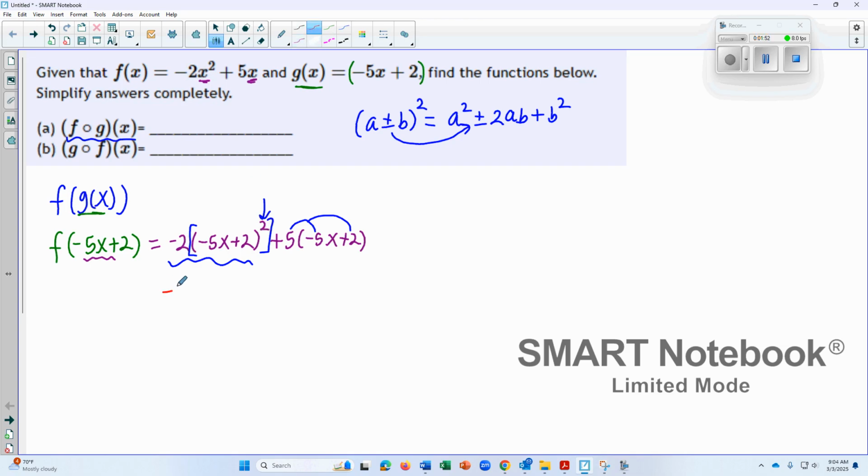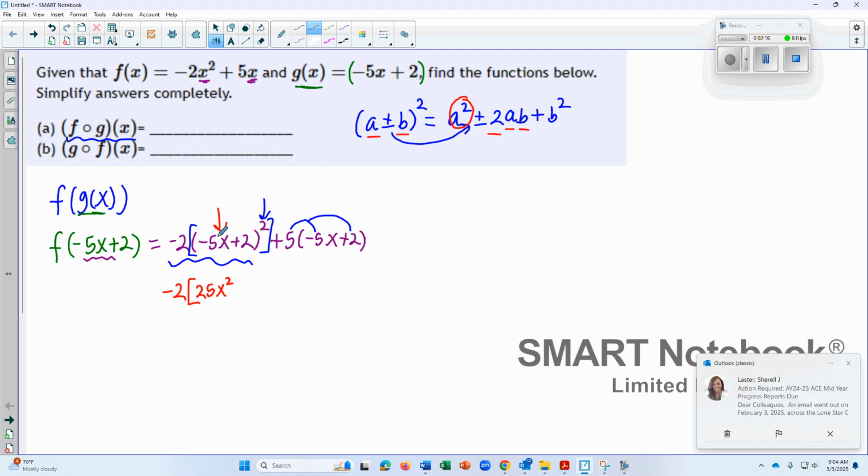So I'm still going to have my negative 2. And so my first term, I'm supposed to square this guy right here. So negative 5x times negative 5x will become positive 25x squared. So that's the first term. That's a squared. That's squaring this. Then we're going to do 2 times a times b. So remember, those are my a and b values.